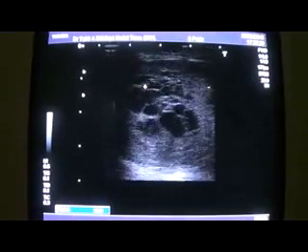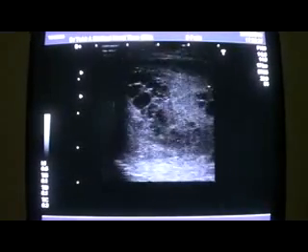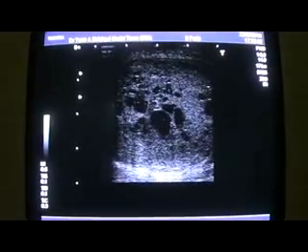These are variable sized communicating cysts with internal septa and numerous tiny calcifications, and you can see these bright structures are all tiny calcifications. There is no history of trauma. The patient is not tender to the probe, not toxic, has no fever, and no lab profile is available.